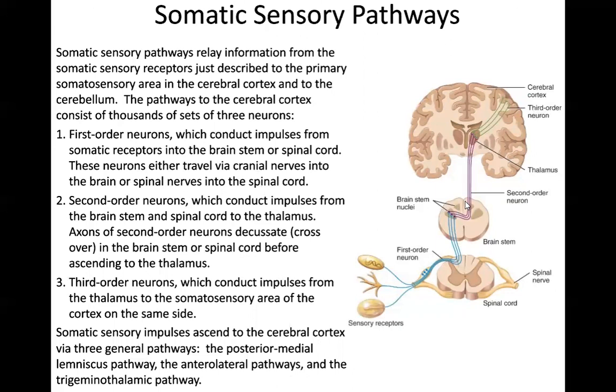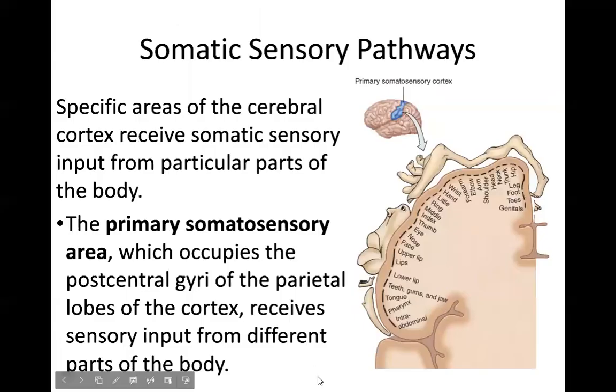From there, second order neurons carry the signal up to the thalamus. They are the ones that decussate or cross over in our brainstem or spinal cord before ascending to the thalamus. And then from there, the third order neurons go to the somatosensory area of the cortex on that same side. Somatic sensory impulses ascend to the cerebral cortex via 3 general pathways: a posterior medial lemniscus pathway, anterolateral pathways, and the trigeminal thalamic pathway. Not that that's super important.